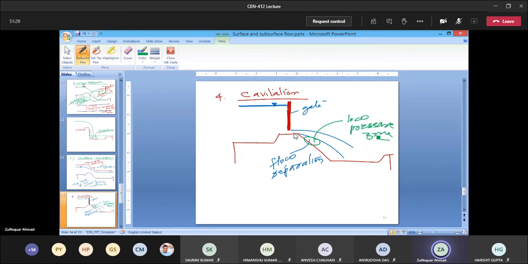Even for negative pressure, where the pressure is less than atmospheric pressure, what happens? This is the negative pressure zone, or the low pressure zone.